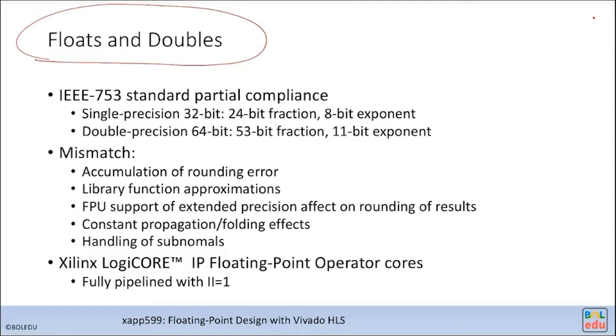So there will be cases where your C program is running on the local host processor with a floating-point unit which is fully compliant with IEEE 754. However, when you use HLS floating-point, since it's not fully compliant, there will be a difference or error.